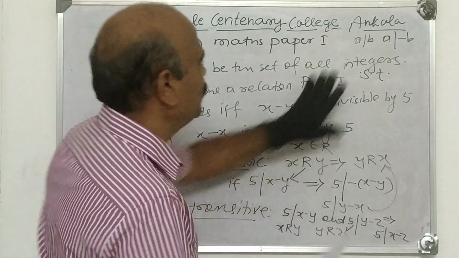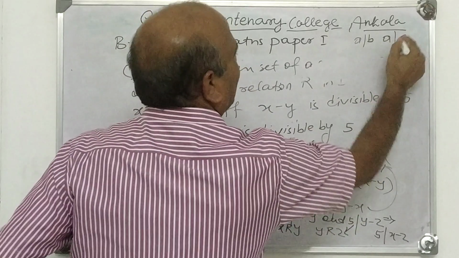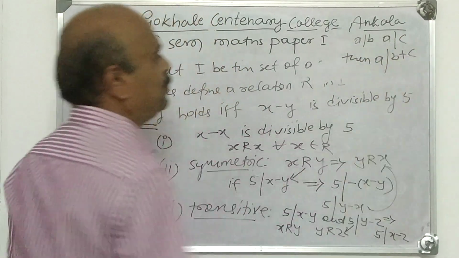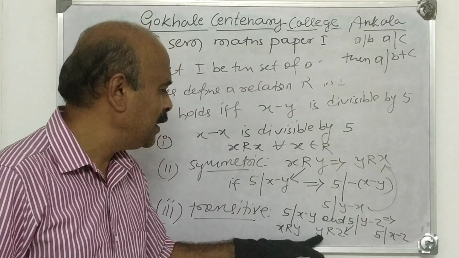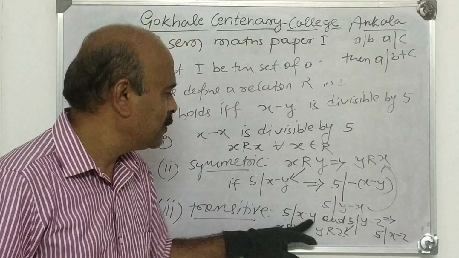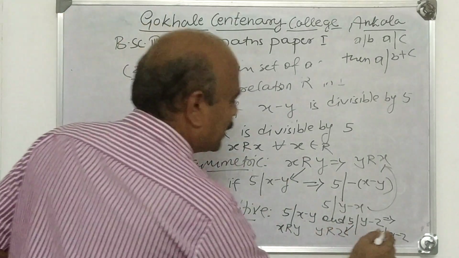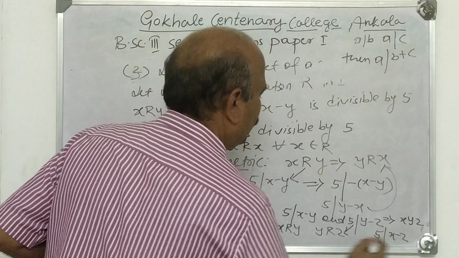Because in the property of divisibility, if A divides B and A divides C, then A divides B plus C. 5 divides x minus y, 5 divides y minus z, therefore 5 divides (x minus y) plus (y minus z), which is x minus z. 5 divides x minus z means x R z.